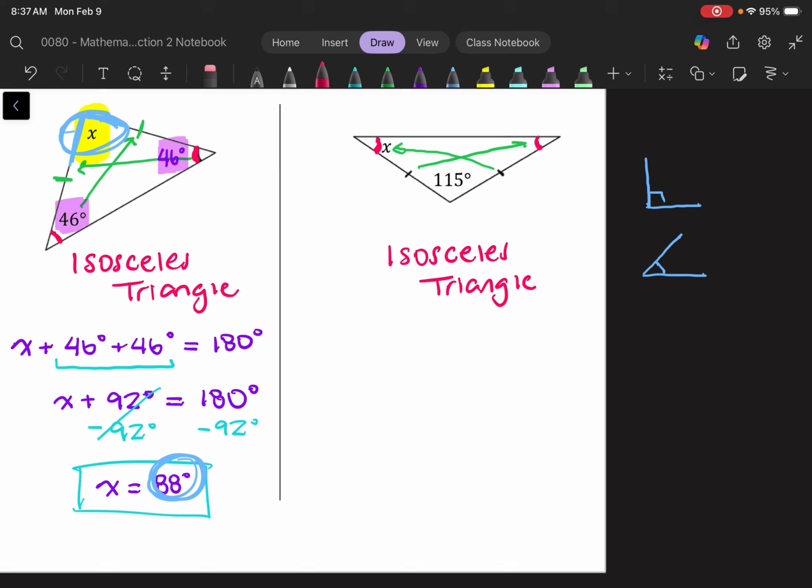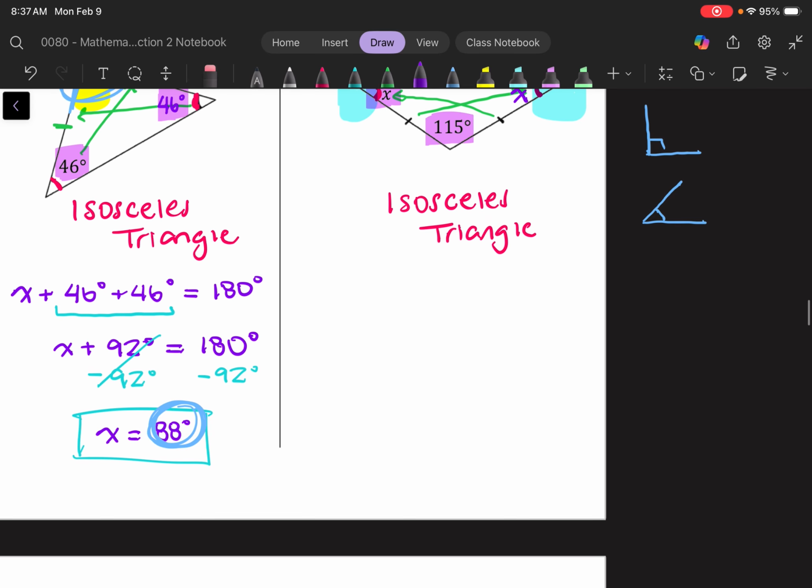So this last one here, again, I'm only given two values. I've been given this x and this 115 degrees. But since I see the curve markings matching, I know that this other angle has to match. I don't know what that value was, but it's labeled as x, so this one's also going to be labeled as x.